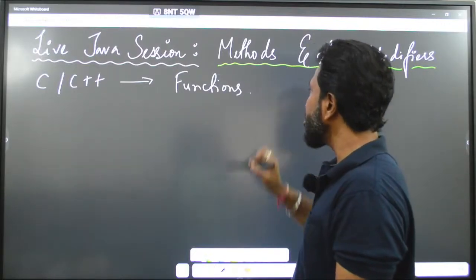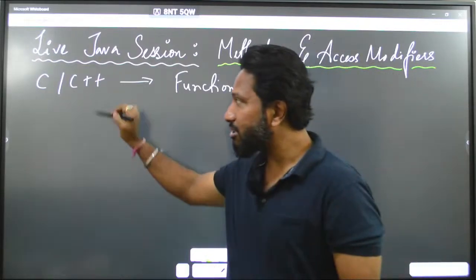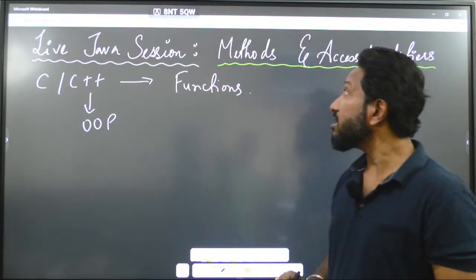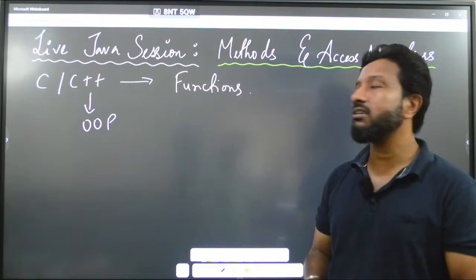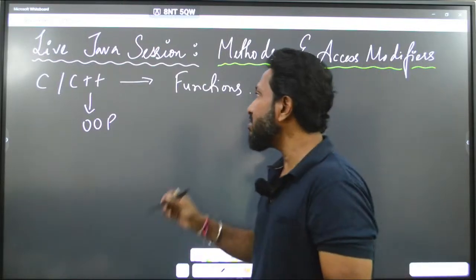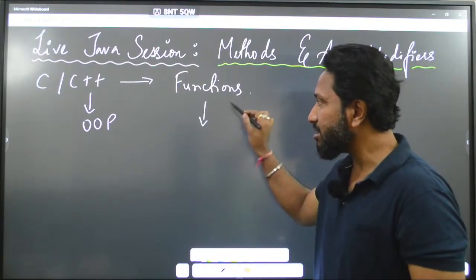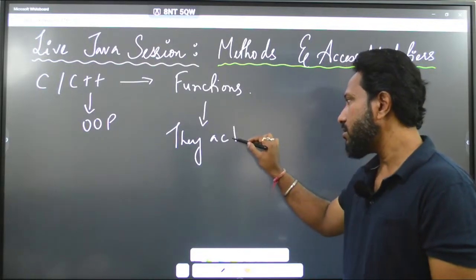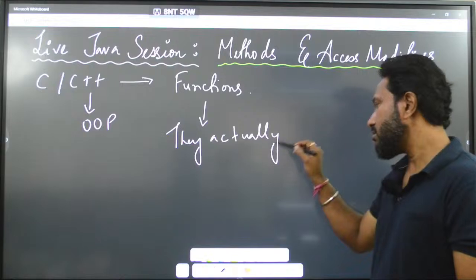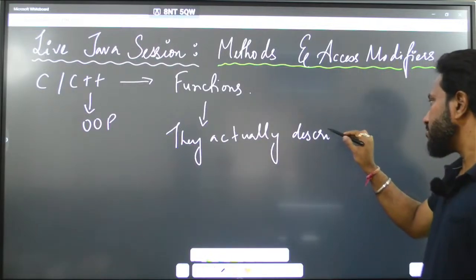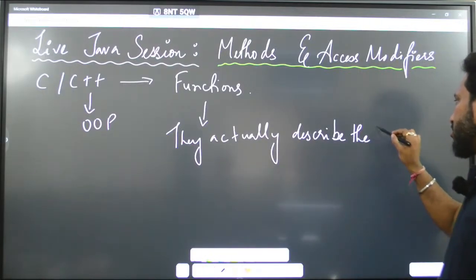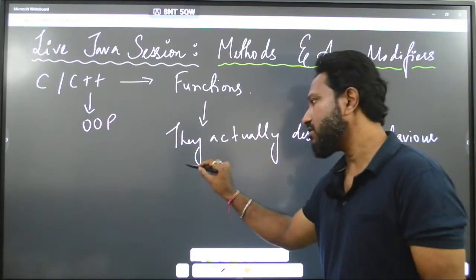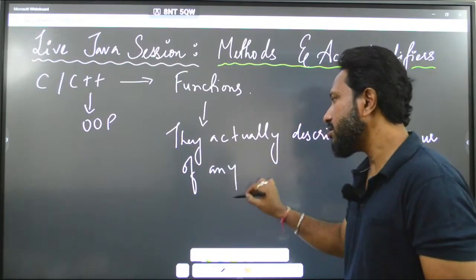But in case of Java and sometimes in C++ also, because it is an object oriented language, there we call the functions as methods, because I will tell you one very simple thing that will make you understand this. They actually describe the behavior of any object.